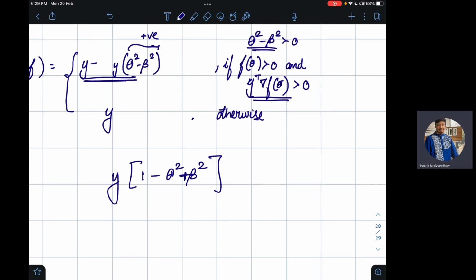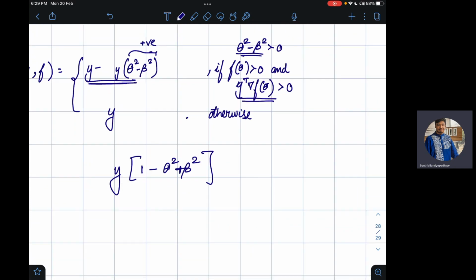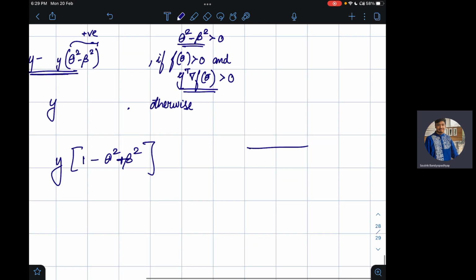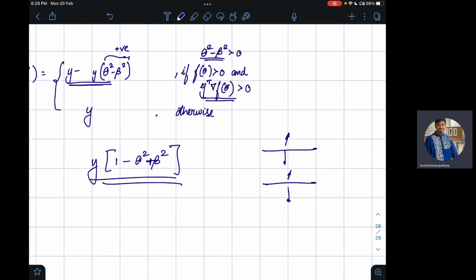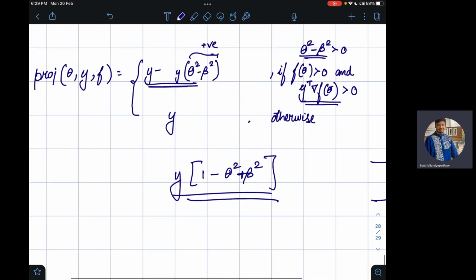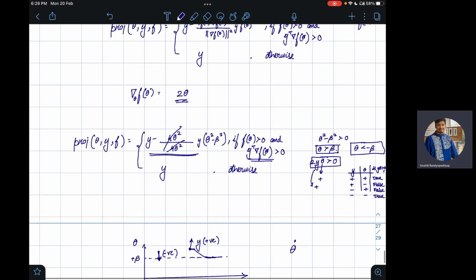So depending on the value of y, this projection would change. If it is positive, it would become negative, and if it is negative, it would become positive. So this is essentially the projection which is applied for this very simple toy example.